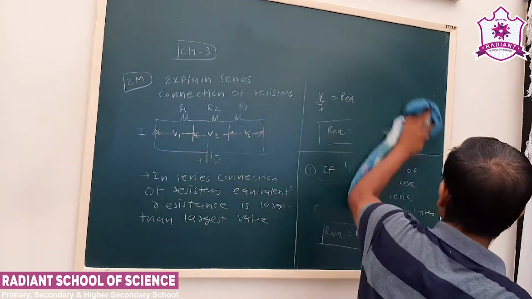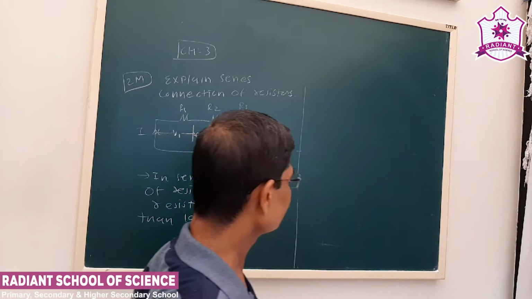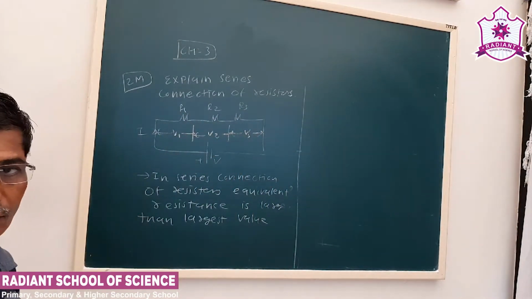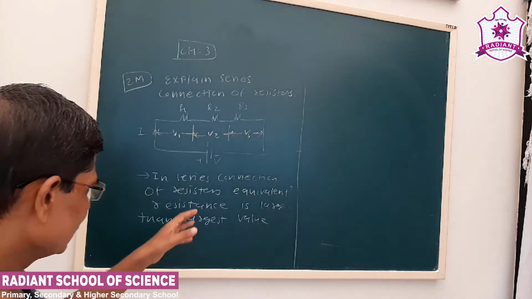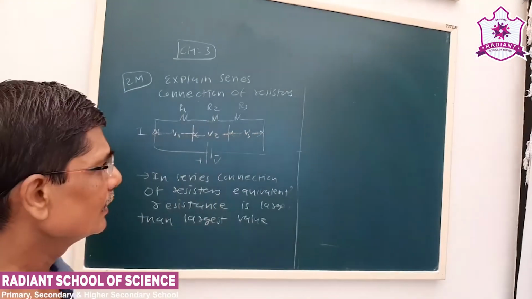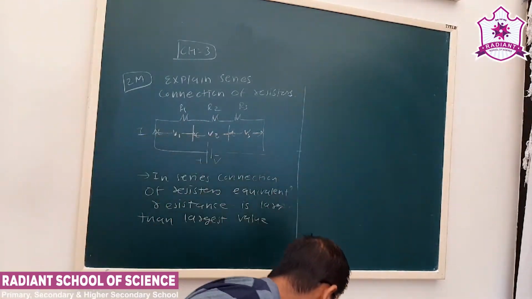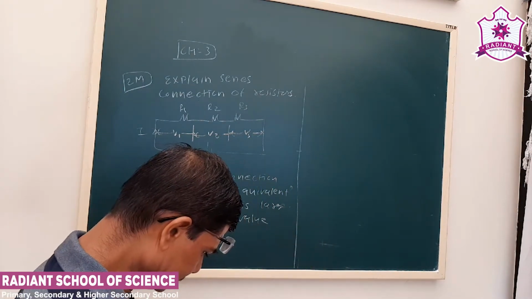By taking a simple example, we can see how the voltage is divided and how the equivalent resistance is larger than the largest value.